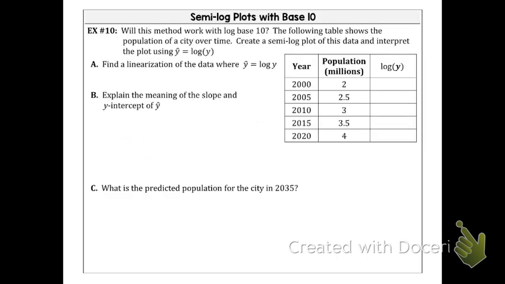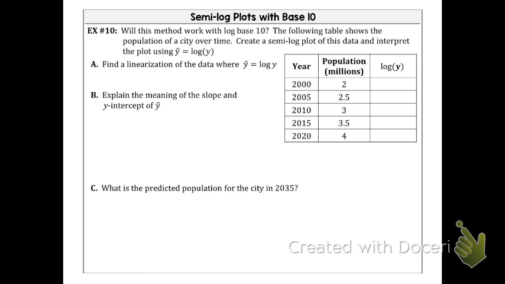All right, example 10 says, will this method work with log base 10? The following table shows the population of a city over time. Create a semi-log plot of this data and interpret the plot using the y hat is equal to log of y. A says find a linearization of the data where y hat is equal to log of y. So we're going to go through and find our natural log equation, natural log of y equation.